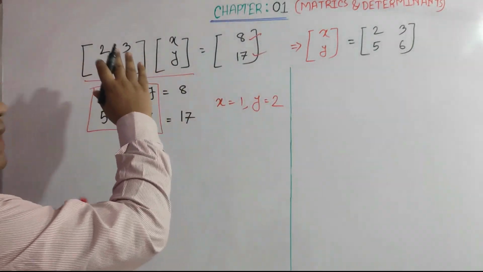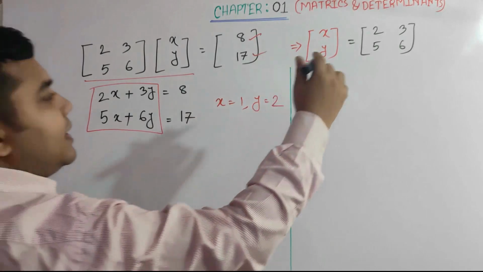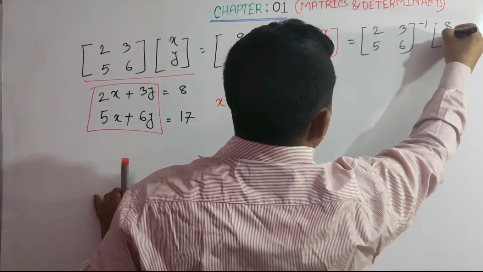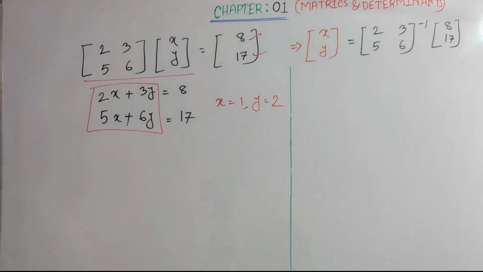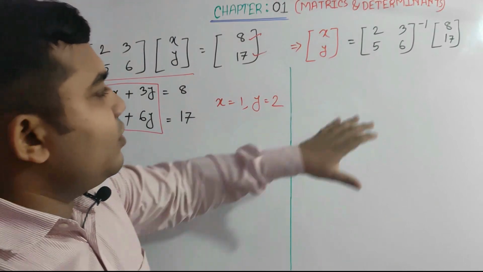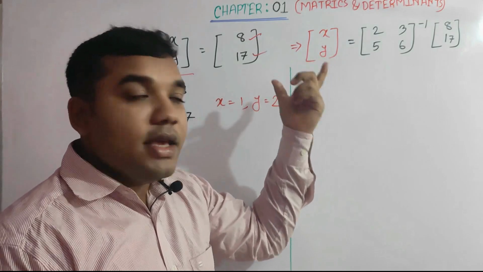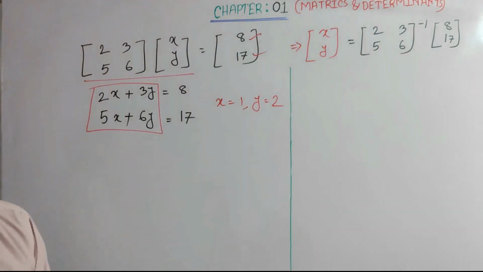Since here it is multiplication, if it changes its side, it will be inverse and it will be multiplied with 8 and 17. Okay, so now my question is, we can find the value of x y if we multiply this part into this part, isn't it?